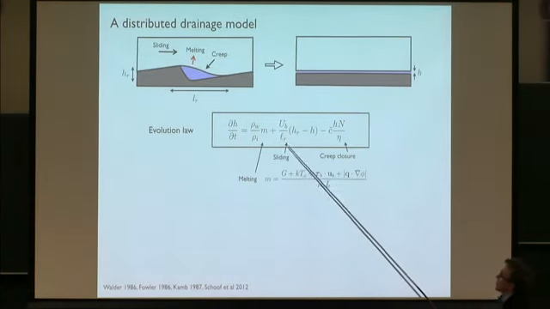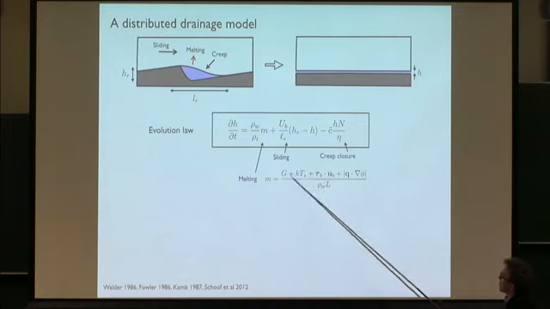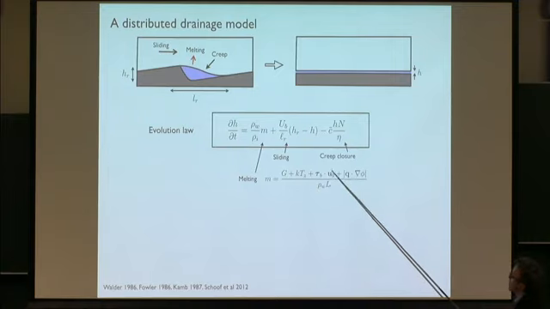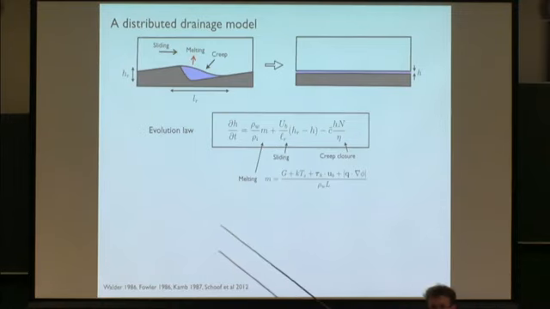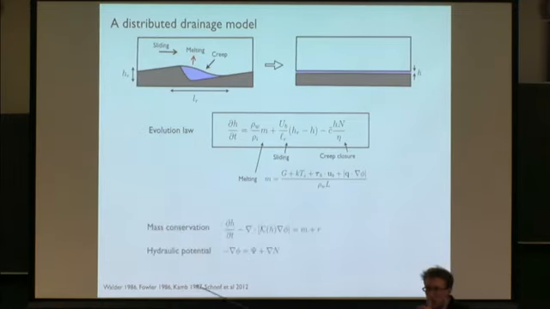The melting rate is determined by a local energy balance, and I won't go into this too much, but there's geothermal heat, there's heat conducted upwards into the ice, there's frictional heat, and then this term here is quite important. This is the one which represents the heat which is dissipated by the water flow. So this one is coming from the water flow, and L is the latent heat. So this is just an energy balance to tell me how much will melt. I put that equation. You don't have any energy contribution by the water draining down from the surface.